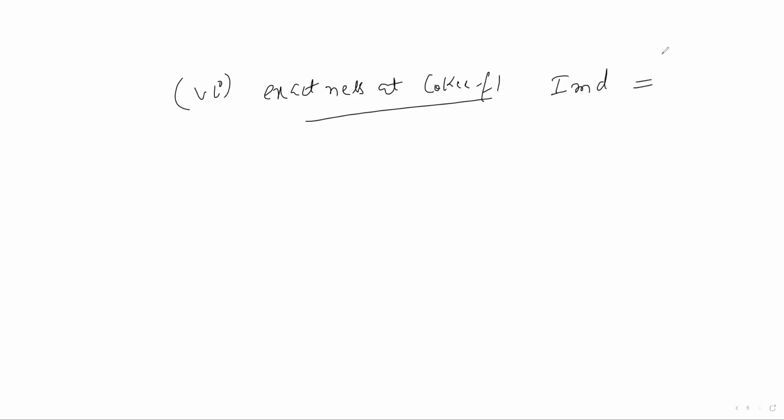Now, exactness at co-kernel f dash. Co-kernel f dash means you have to actually show that image of D is the same as kernel u dash bar.